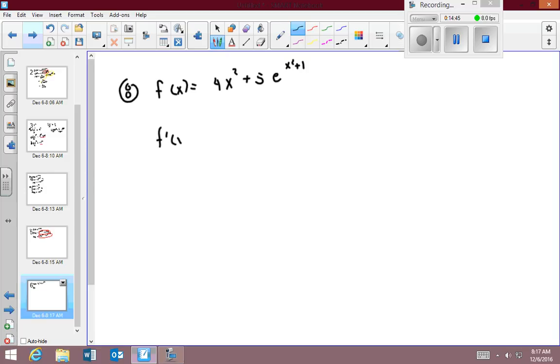So for the first derivative, you're going to take the derivative of the first term, which is going to be 8x to the first, plus 5e to the x squared plus 1, then times the derivative of the exponent, which is 2x. This is going to be 8x plus 10x e to the x squared plus 1.